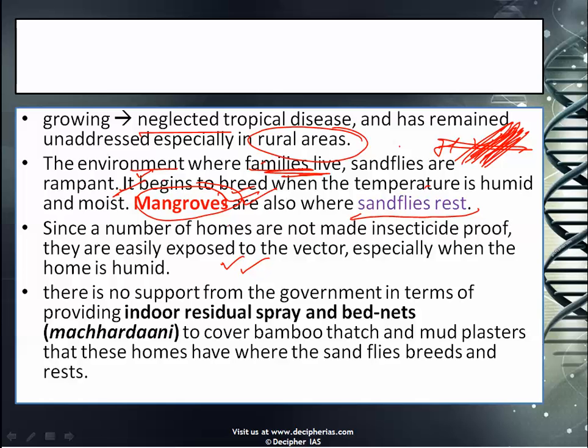So a number of homes have to be made insecticide proof, so that they are not able to enter inside. There also needs to be a spray of insecticides, and bed nets should be there to cover the bamboo and mud plasters that we have in the rural homes.